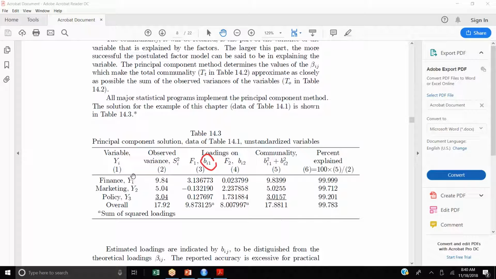It is explaining the variance in each of these variables through the loadings, which are the weights of the hidden dimensions. We are able to explain the total variance in each of these variables. A method like that, we can rely on it, isn't it? That's all I'm trying to say.